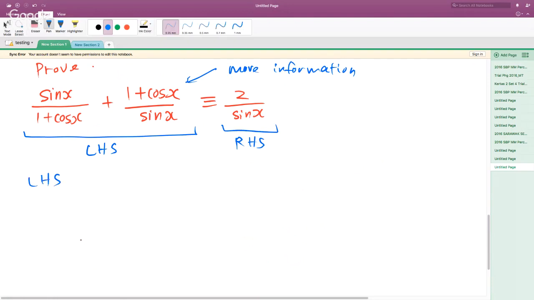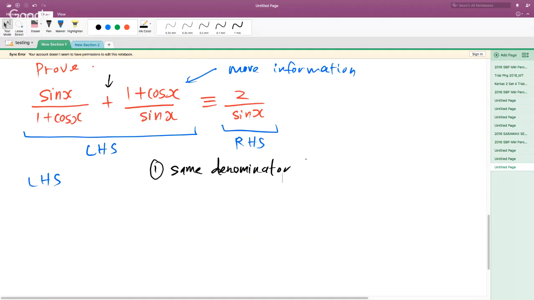Okay, now go to this question. You have to think, what is your first step? What is the first step you should do? The first thing I realize is both of these are fractions. I have two fractions here, and then I see a plus here. So the first step that comes to my mind is to make them have the same denominator.